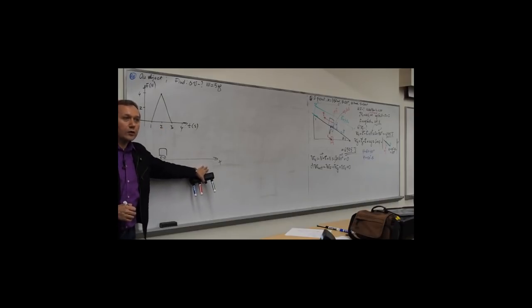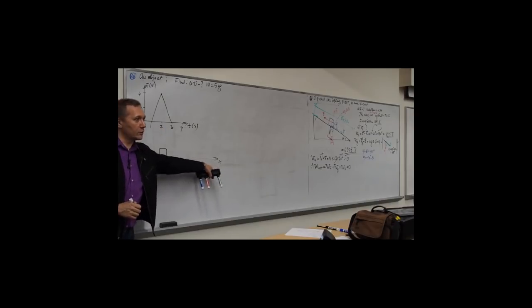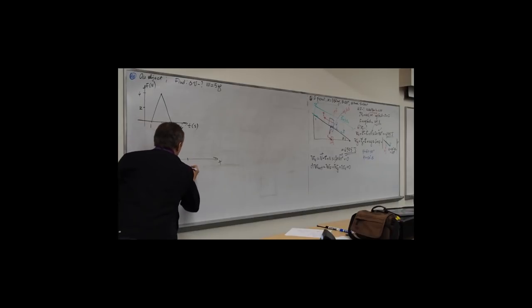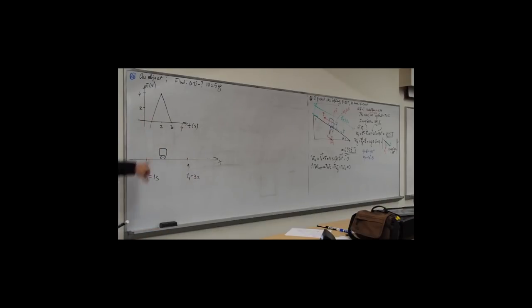Now I'm basically drawing the physical situation in space. So let's say at this moment of time, 1 second, and let's say this is the moment of time t3 equals 3 seconds.